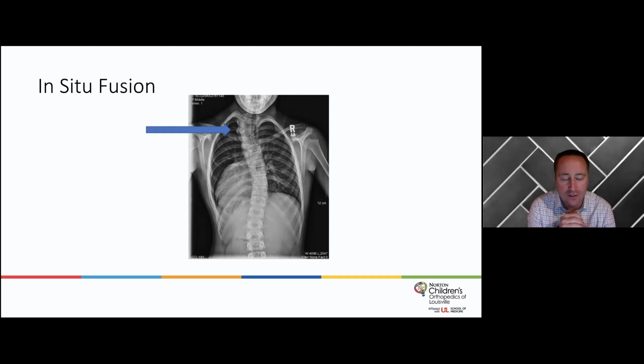There's a lot of red and blue looking vessels in that area that you really do not want to get into, so I think that's a little more dangerous. And the more proximal you are, the less manipulation the spinal cord can handle. And so this may be one where you would want to fuse it in place as opposed to taking out the hemivertebra, as I'll show you on another case.